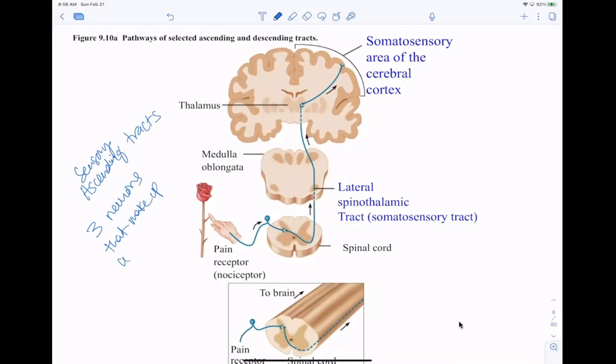Basically a sensory input to the brain. So the first one is right here.